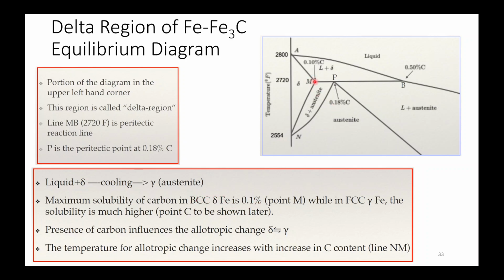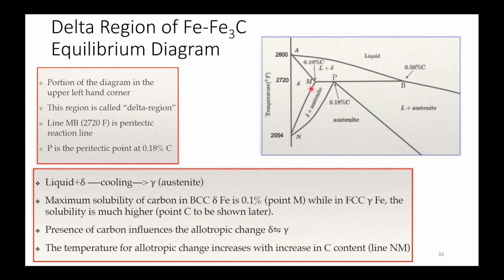So up to 0.1 weight% carbon is soluble in delta, while in FCC gamma iron the solubility is much higher, so point C to be shown later, and the presence of carbon influences the allotropic change.